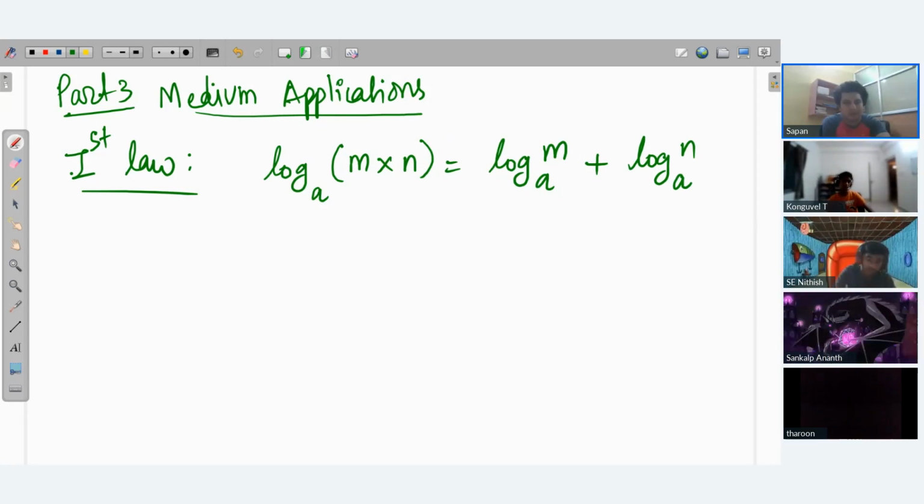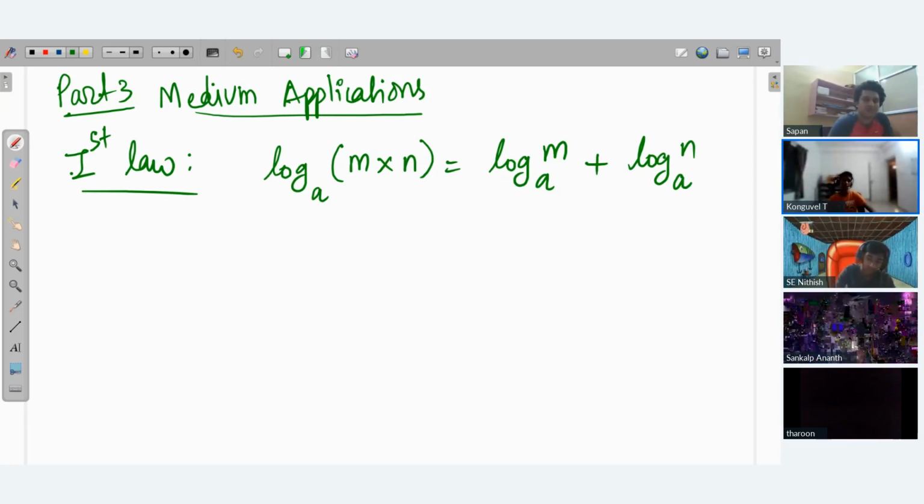Can you see the screen? So this is what I did, sir. Since the expression was in the second form, I made it into the first form.